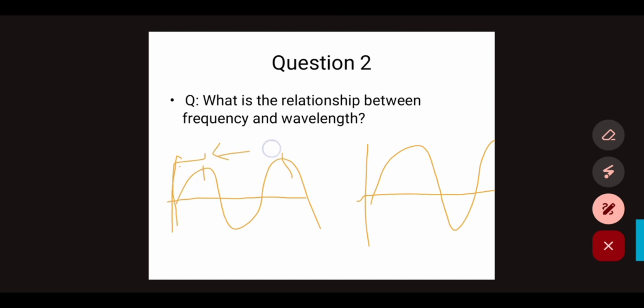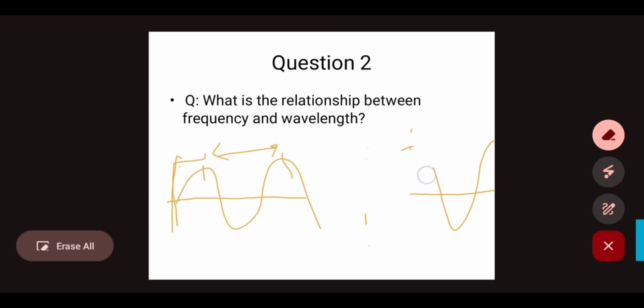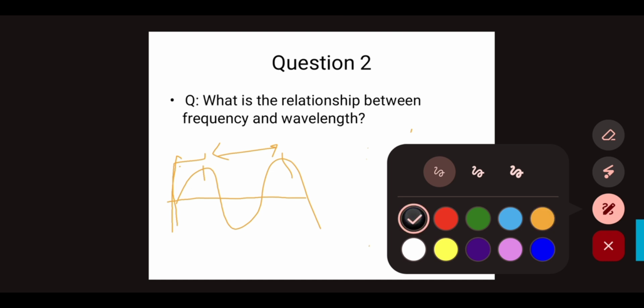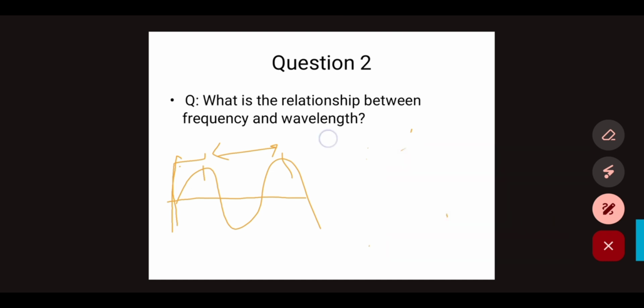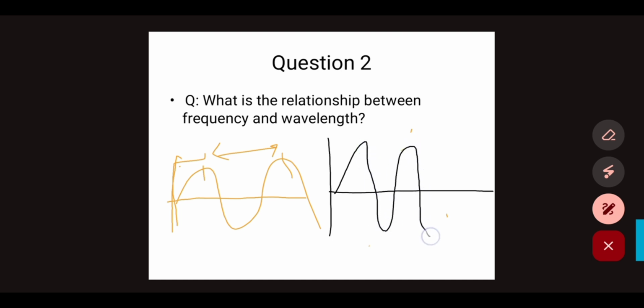From here to here, this is the wavelength. And now we have another signal here, and from here to here, I have this wavelength.